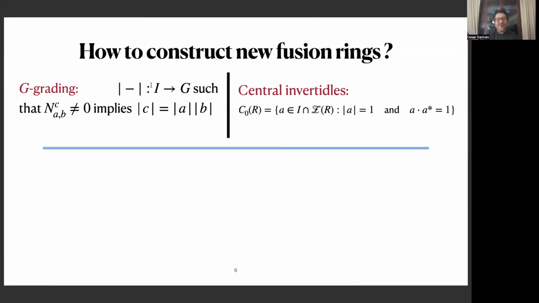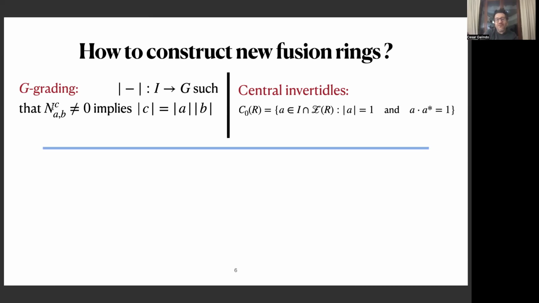So a grading is a way to assign to any simple object, to any element in this basis of the Grothendieck ring or of the fusion rings, an element in a group, in such a way that this assignment is compatible with the fusion rules.